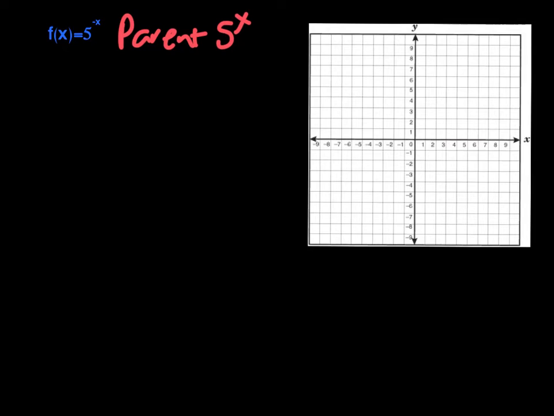And if you remember from Algebra 2, let me make this skinnier and note it. This negative right here means that it's going to be a horizontal reflection.